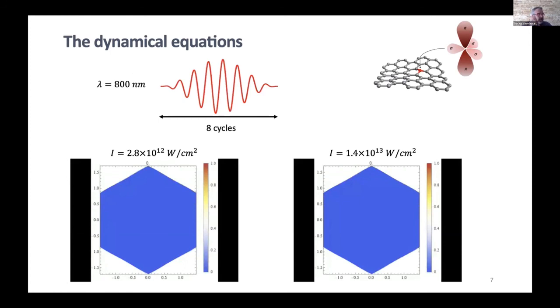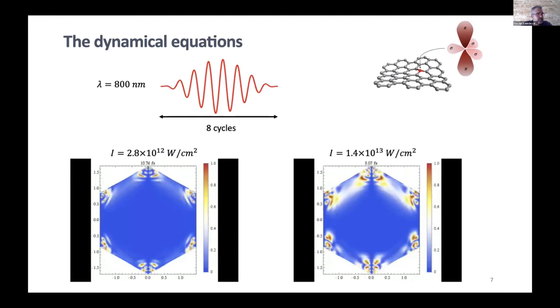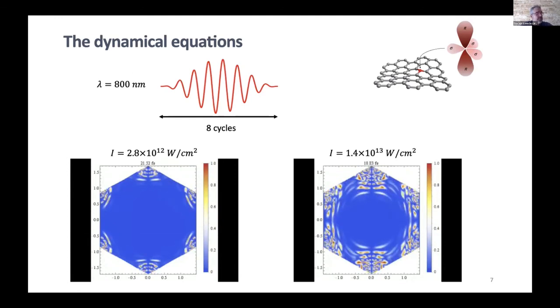These dynamical equations have been integrated considering infrared driving pulses with a beam aimed perpendicularly to the target. The videos show the occupation density in the conduction band for a driving field in a near-infrared regime at two different intensities. In these simulations, the electric field is assumed linearly polarized along the vertical direction, along the y direction.